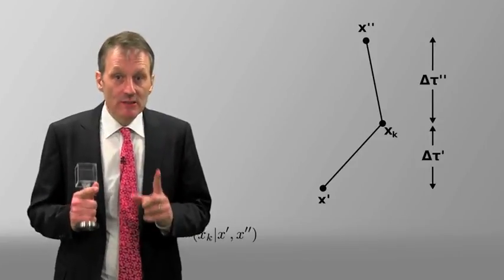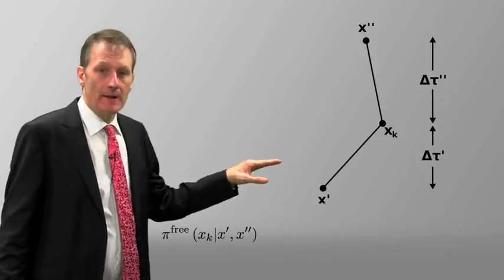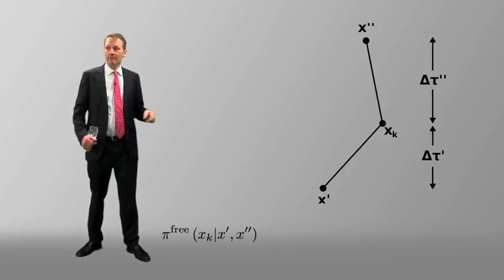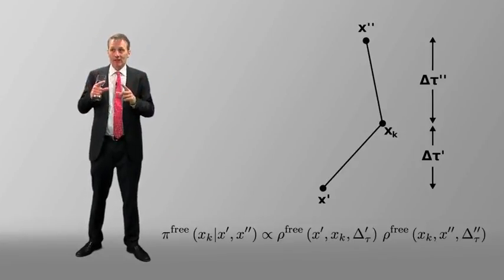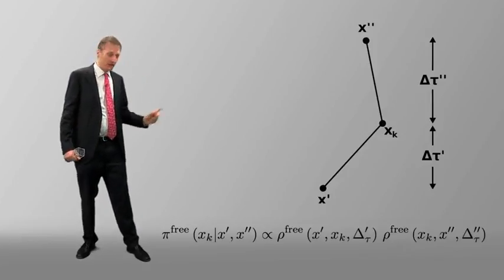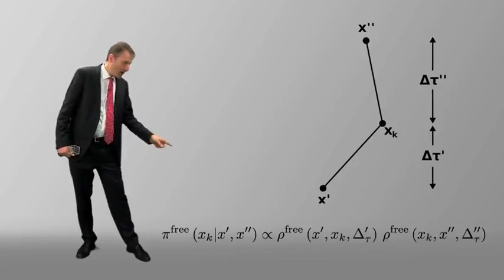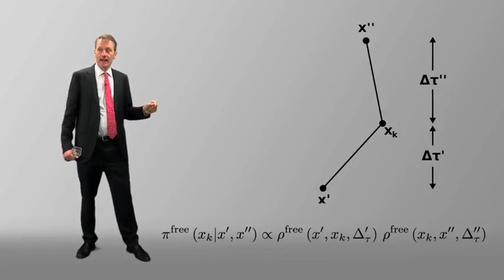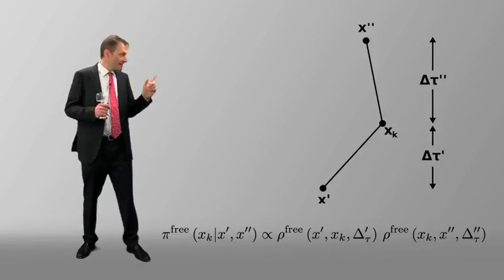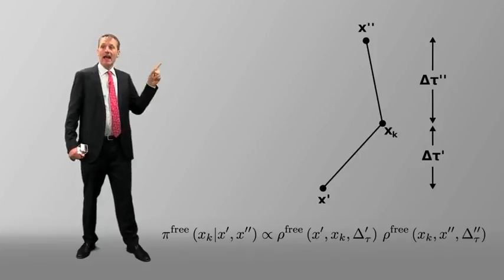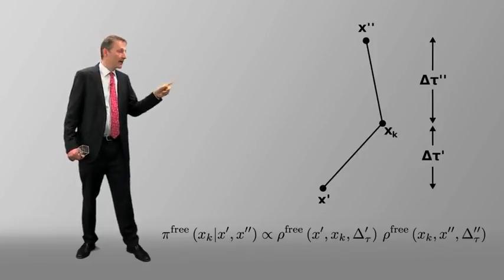The probability distribution of xk given x prime and x double prime is the product of two free density matrices: rho free of x prime, xk, delta tau prime, and rho free of xk, x double prime, delta tau double prime.